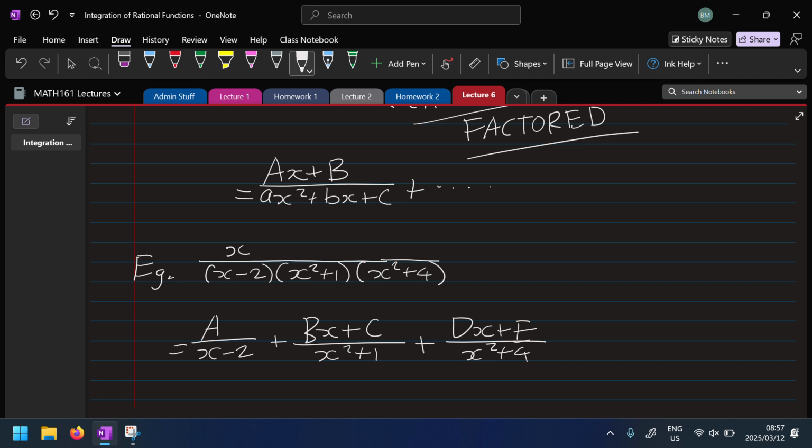So again, the linear term just has a number at the top, a over x minus 2. For x squared plus 1, it's quadratic and we can't factor it, so linear bx plus c for the top. And for x squared plus 4, some linear dx plus e at the top. Yeah, and that's the pattern we use.